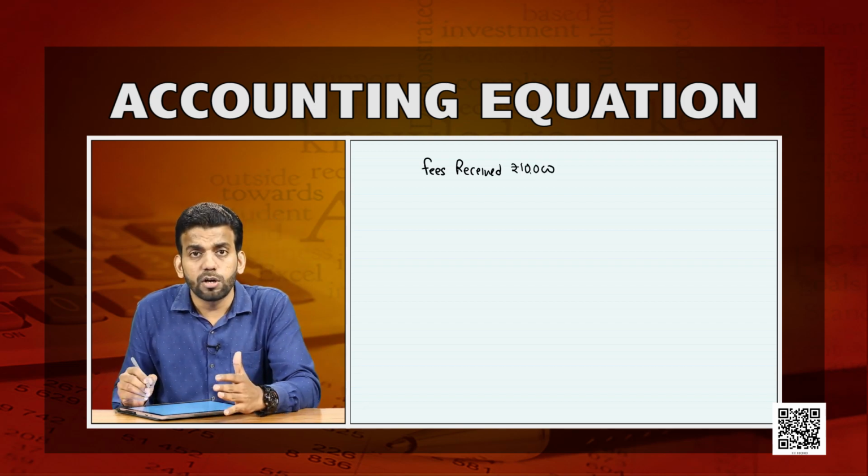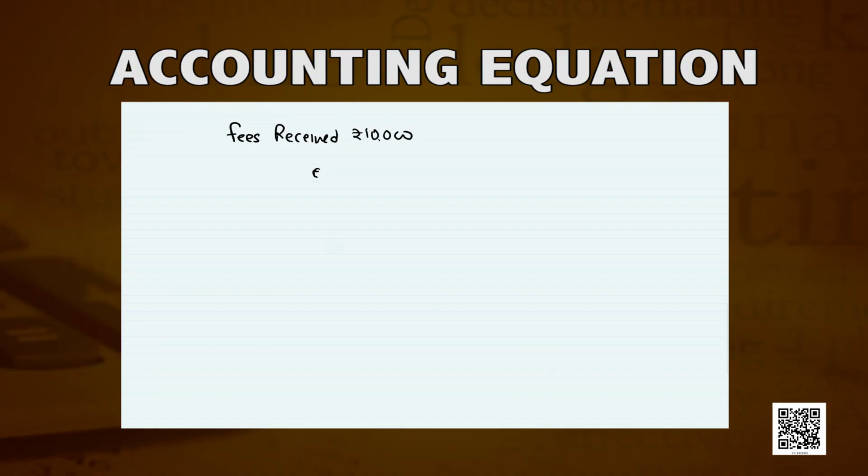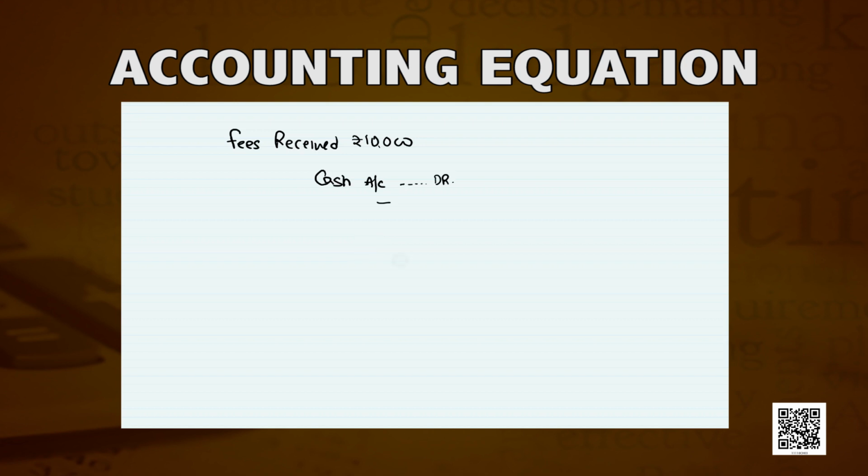I am not mentioning for which month or which year. When the question is silent about all these things, that means the fees which I have received has fallen due and I have received it. So cash account is debited because cash has come, and the second account is fees.